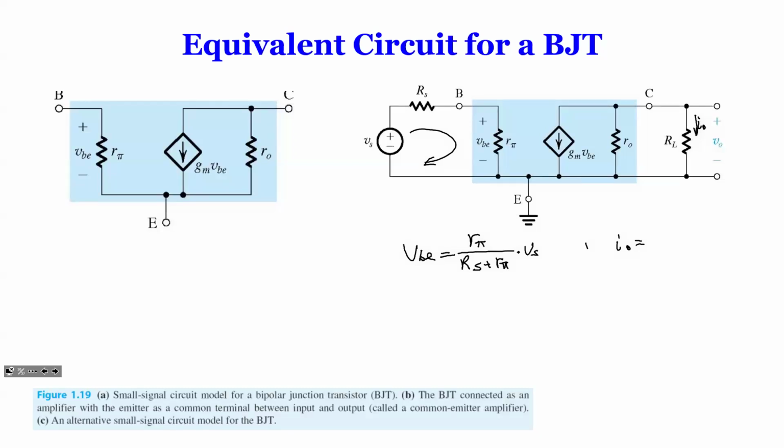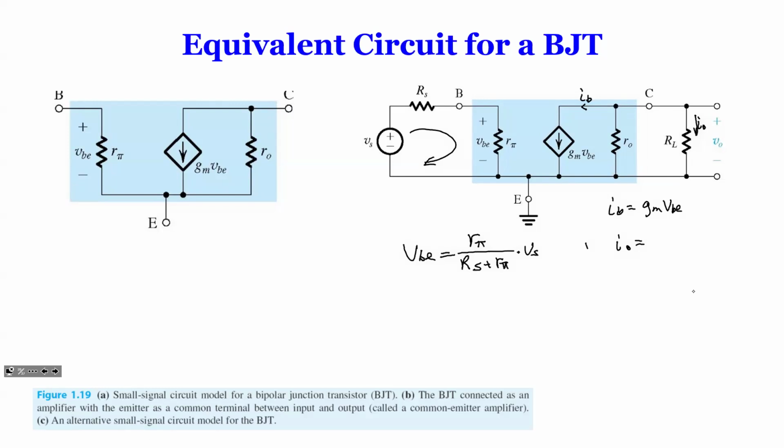And sometimes we can call this IB. Okay, so let's write down IB. IB is equal to GM times VBE, right? You see the direction that I marked IB is that direction, so they're the same direction. If I mark VBE in that direction, you will get negative, right? Okay, so how much is IO?